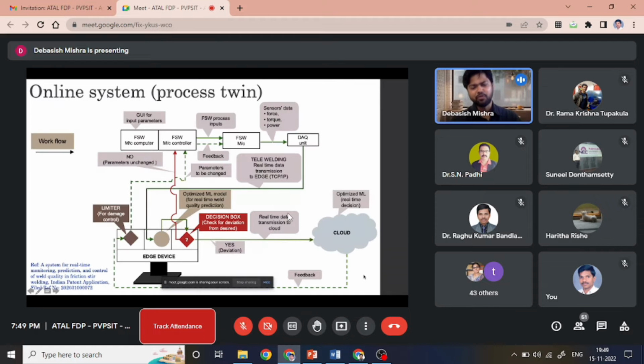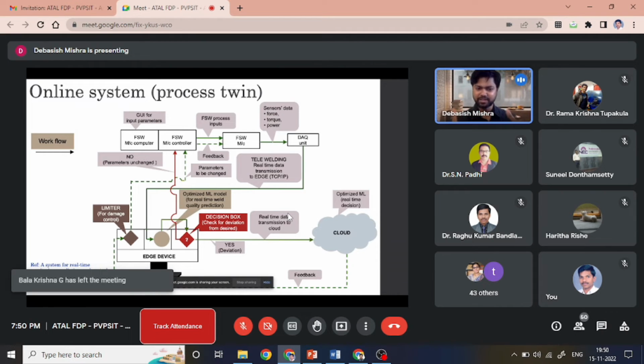One more thing I should talk about is the process twin. As you can see here, I've written process twin. You must have heard about the digital twin. A twin is a replica of the physical product.